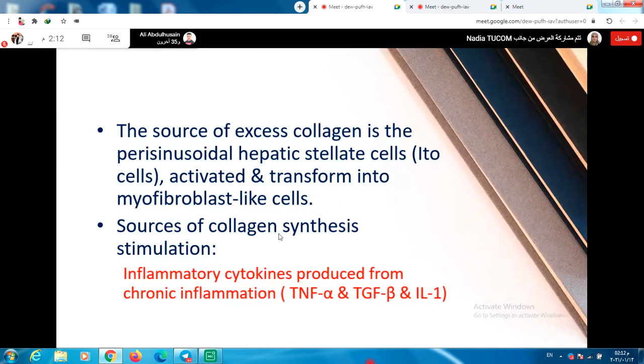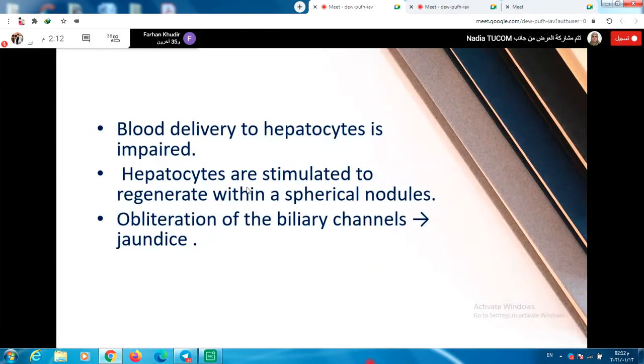Inflammatory cytokines at the site of inflammation stimulate these Ito cells: tumor necrosis factor alpha, transforming growth factor beta, and interleukin-1 stimulate these cells to be activated and lay down a lot of collagen.